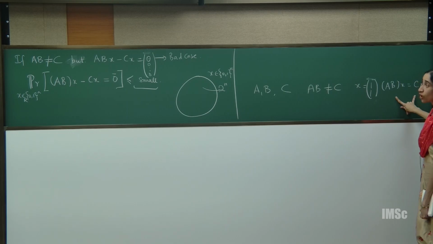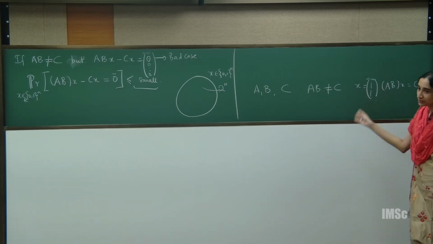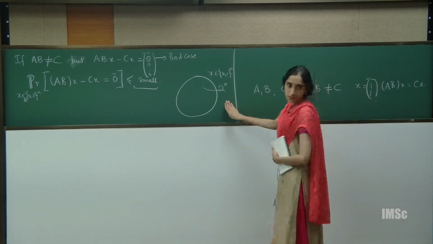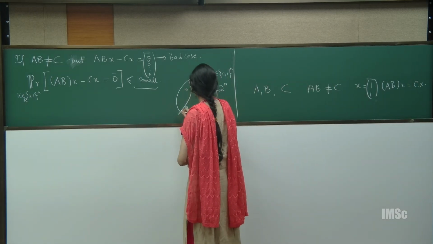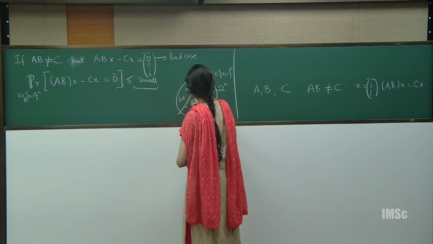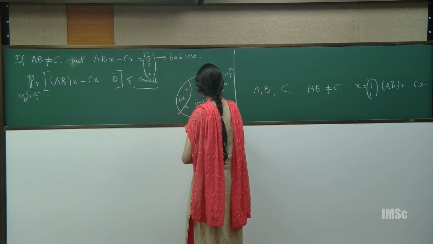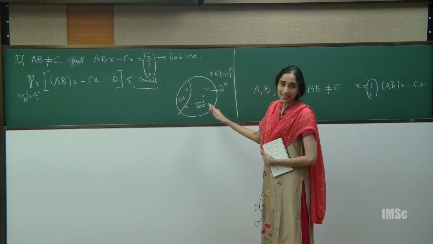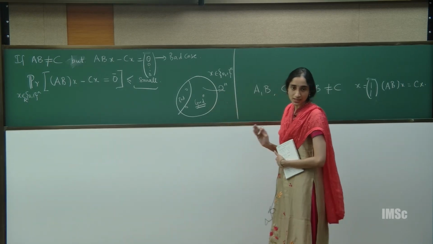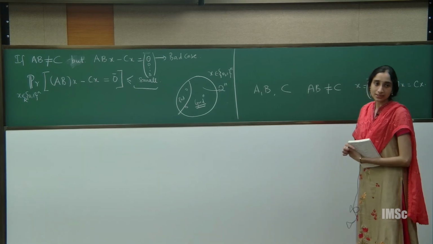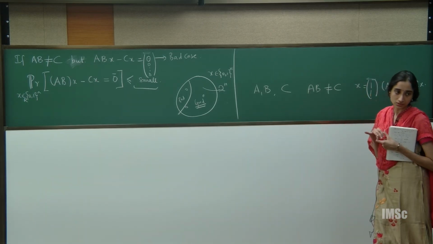That's what we want to analyze for how many such x's. So the whole family of x's is these, 2 to the n many. Some of them are bad candidates, right? Some of them are good candidates. So what is a good candidate? Whenever AB is not equal to C, ABX should not be equal to CX. Right? Then your algorithm will output the right answer.